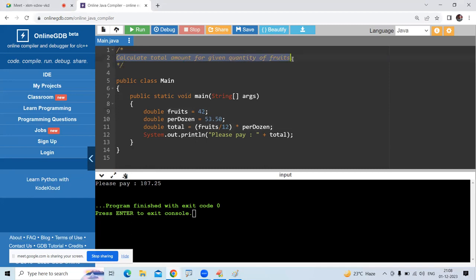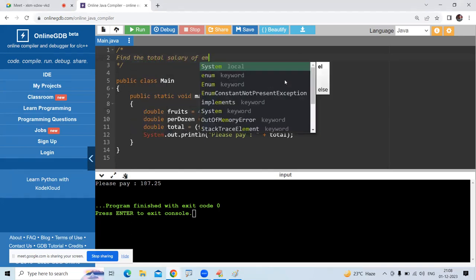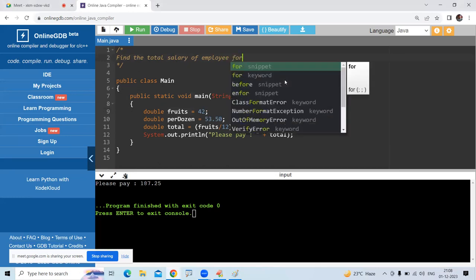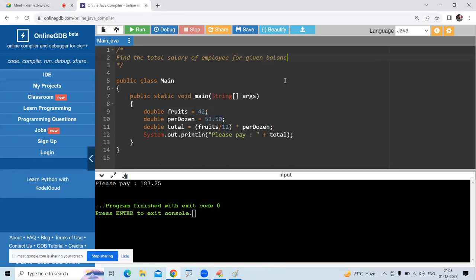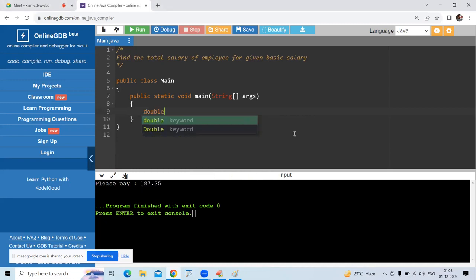One more example. Okay, see, find the total salary of an employee for given basic salary. Suppose they have given the basic salary, some amount.